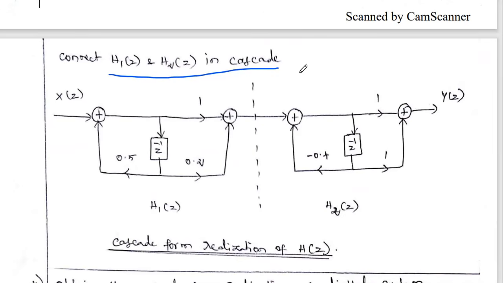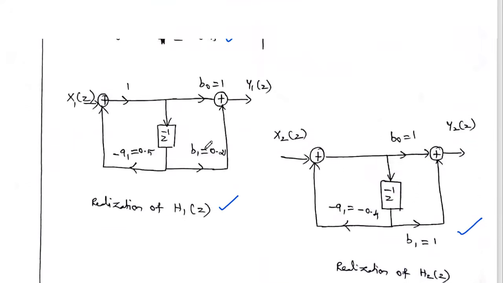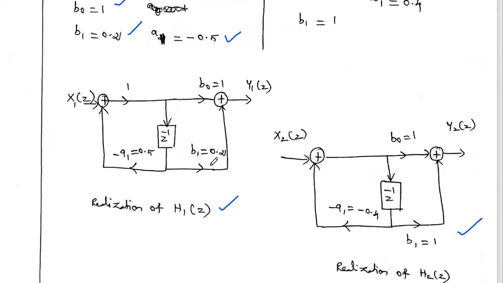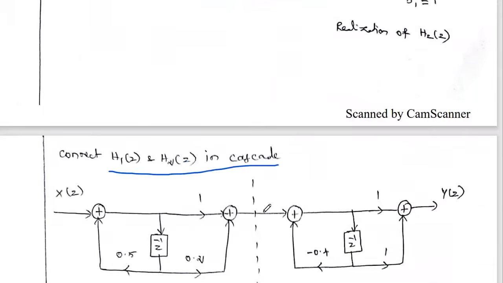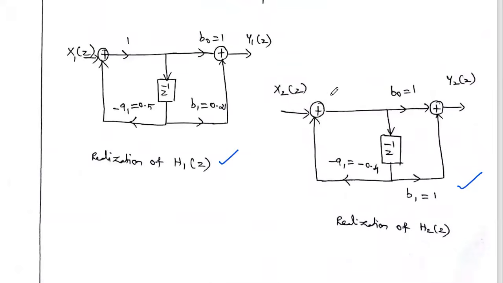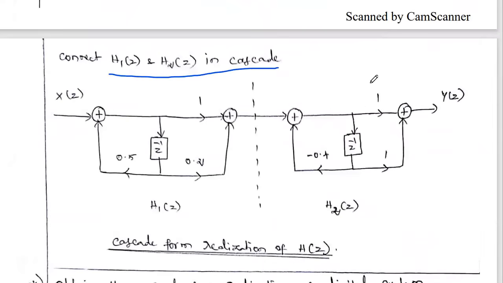In order to connect in cascade, first you draw the h1 of z diagram, then you draw the h2 diagram second. The output of the first system is given as input to the second system.